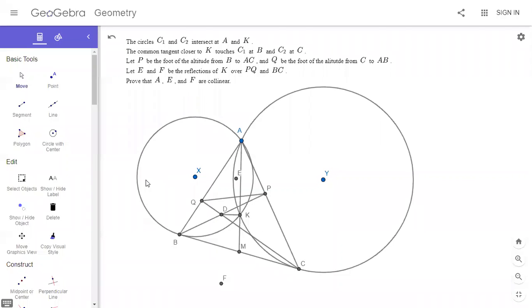Okay, so AM is the median, and you guys are saying that E and F lie on the symmedian. So you're saying if you take the Humpty point and you reflect it over PQ and BC, then those points lie on the symmedian. I'm just trying to think through why that is.